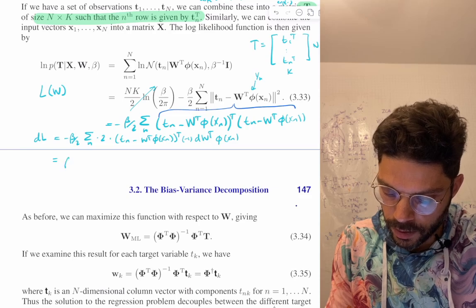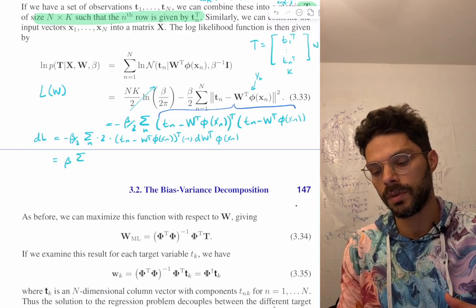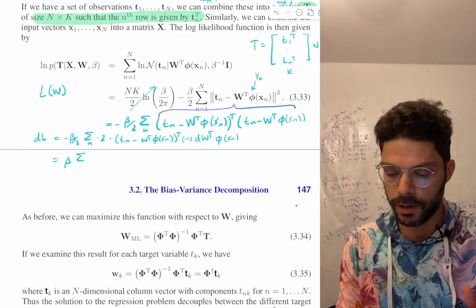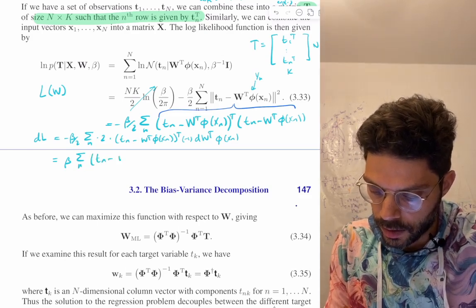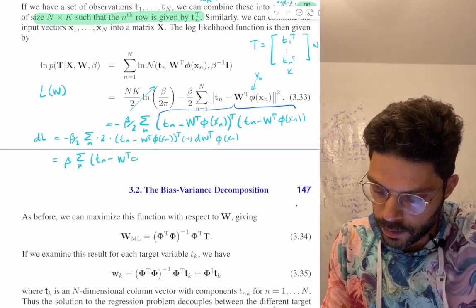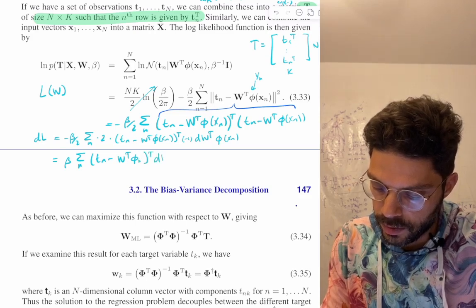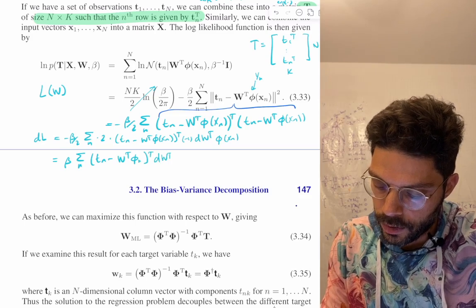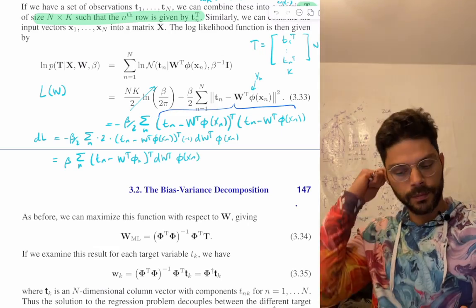So our differential ended up in there, so let's get rid of some of the constants. We're going to end up getting a sum on n. The minus beta over a half becomes just beta because there's a minus 1 and a 2. So we've got (t_n minus W^T phi(x_n)) transpose dW^T phi(x_n). I think that's right. Okay.